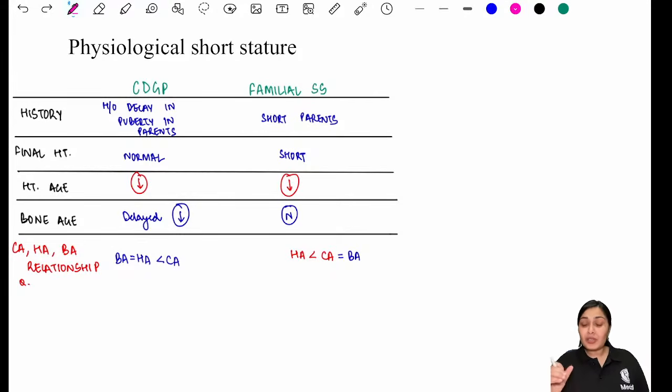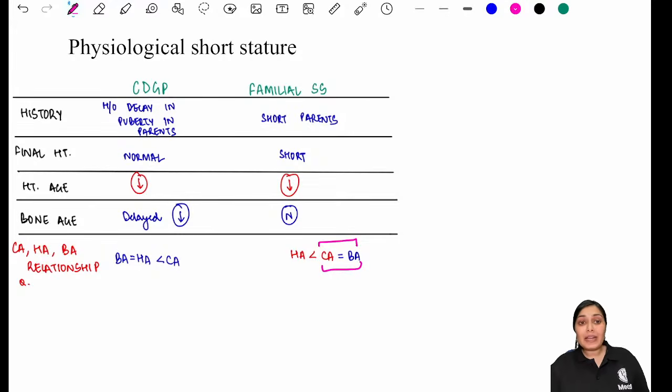So this is going to be less over here, because obviously the height is less. Bone age here is normal. The child is growing up to his potential, so bone age is here going to be normal. So remember, chronological age will be equal to the bone age, but both of these would be less than the height age, right? So height age is less than chronological age and bone age.